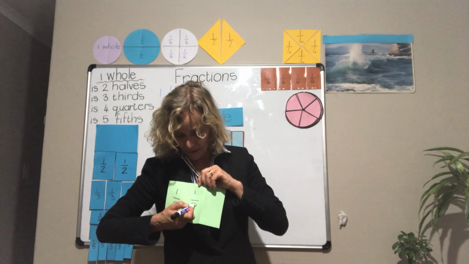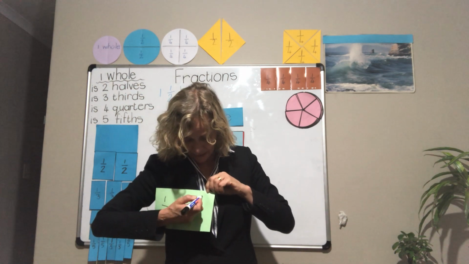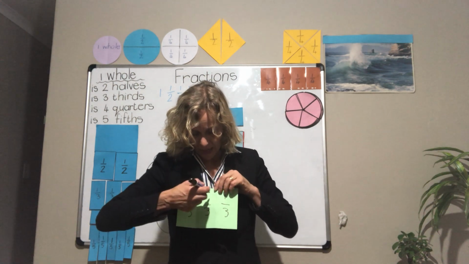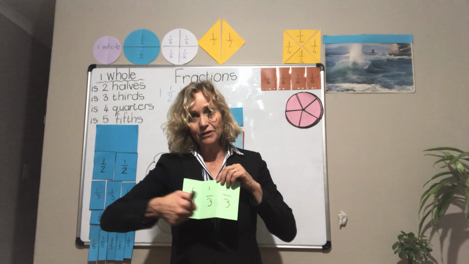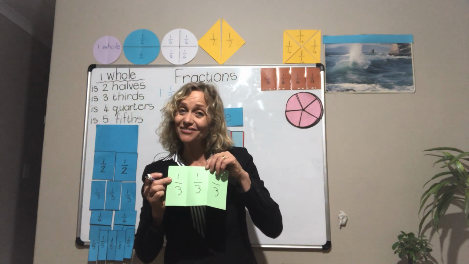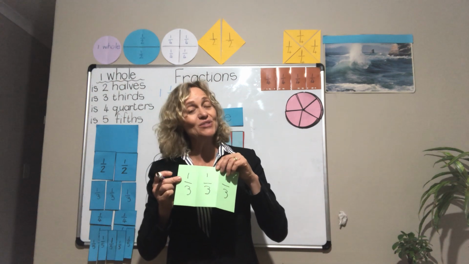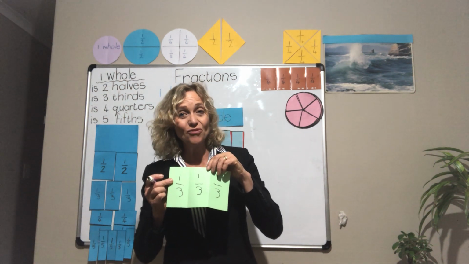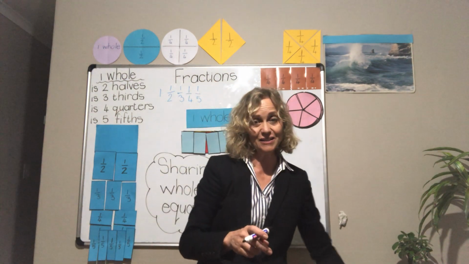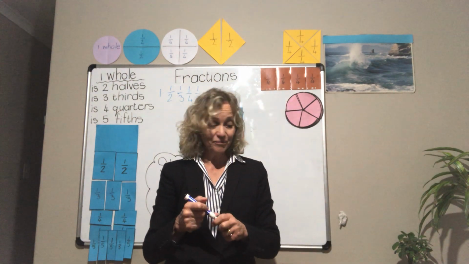There's another third, and there's another third. There we go. And I want you to color the first 2/3 so that you can see what's left after you've colored 2/3 of 3/3. Because remember, 3/3 is one whole.